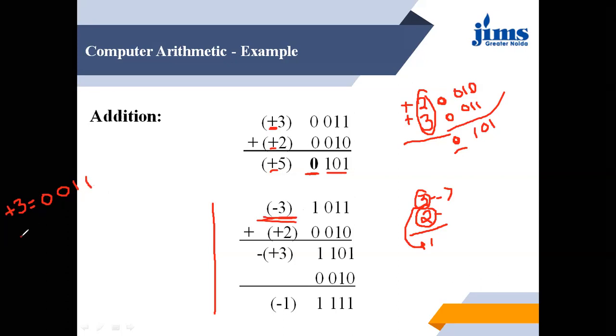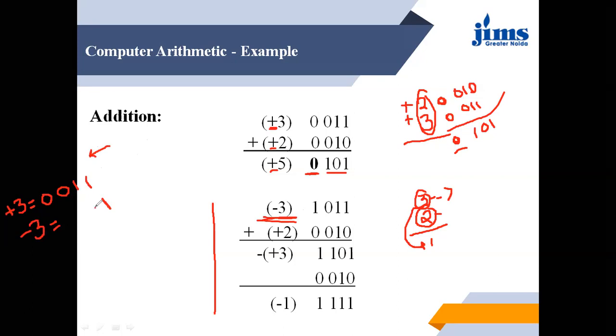As I told you, the smart trick: start from right to left, check for the first one, here in the first bit also we get the first one, and after that change the bits.